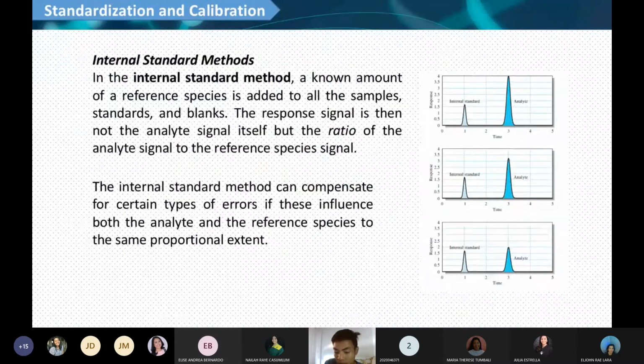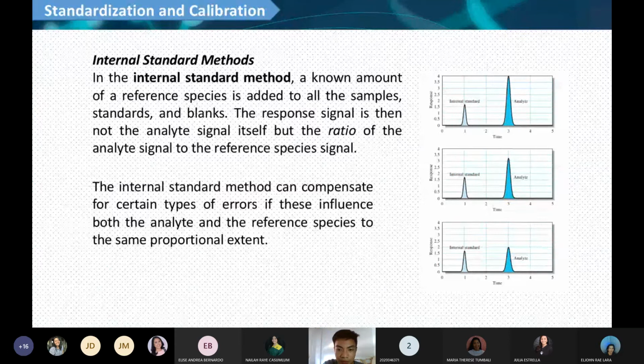Okay? So, yun yung internal standard, no? So, again, ano yung difference niya with external standard? Sa external standard, may external solution ka. You will do your graph. Then, ano gagawin mo? So, dun sa graph na yon, i-run mo yung sample mo. And then, you check the response ng sample nyo with the graph.